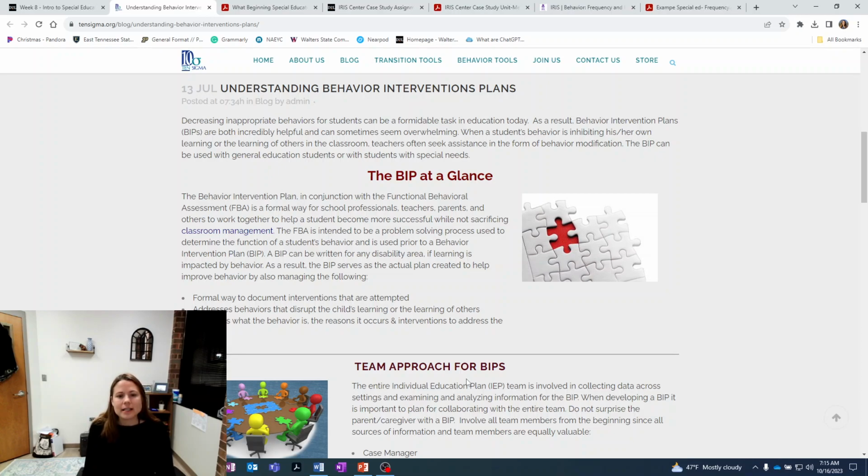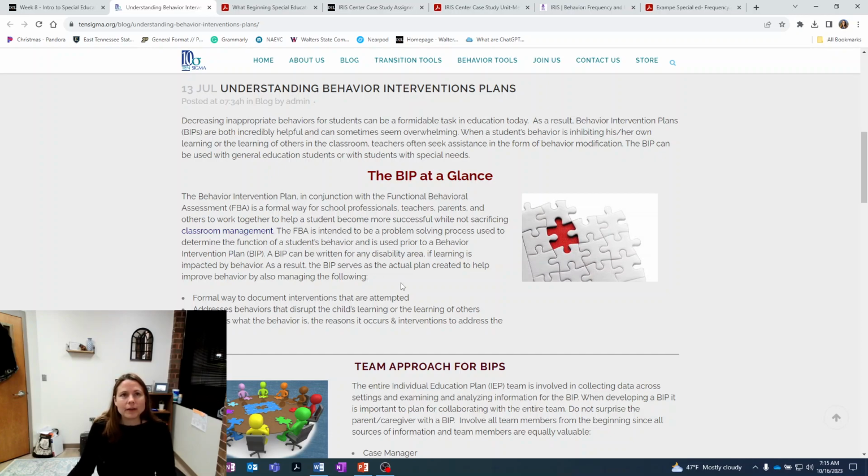And prior to this function of behavior and this process that you do, your ABC analysis, your functional behavior assessment, all of that is done before you put this plan in place, this behavior intervention plan. And it can be written for any of the disability category areas, so just keep that in mind.